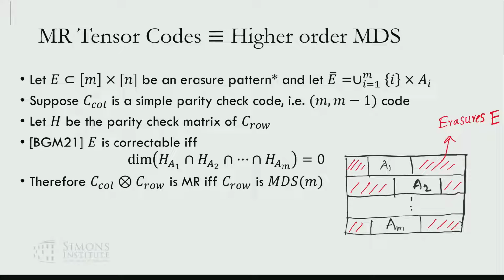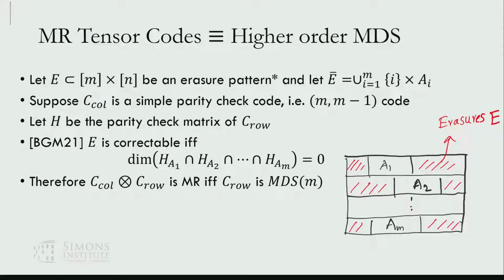This is the erasures, the things which I got erased, so I can only see things inside the A's. So this is not correctable if and only if there is a codeword supported in the erasures. It means I only see zeros, but there is a codeword which has some non-zero support in the erasures. So what does that mean?